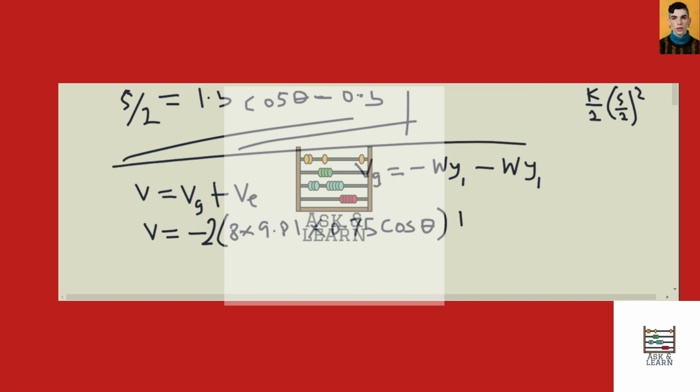Then bring in our spring. We are going to have it to be k over 2 into 1.5 cos theta, minus 0.5, and we have that squared.